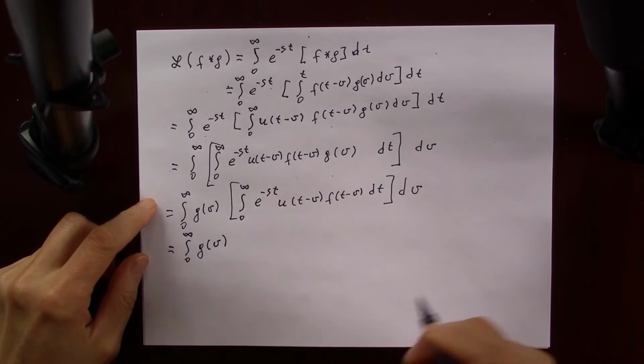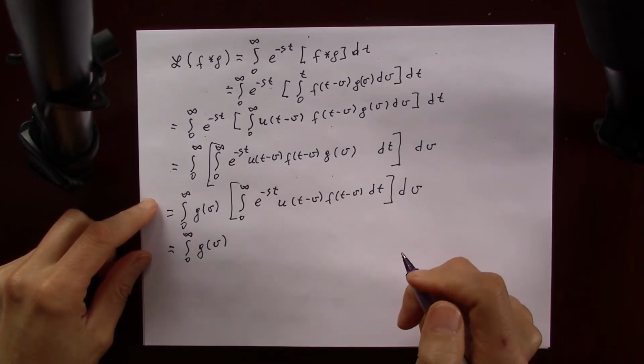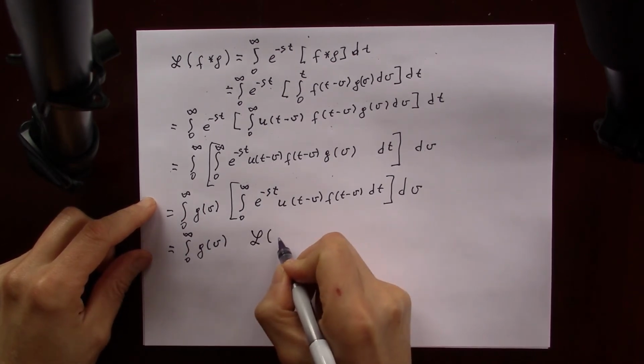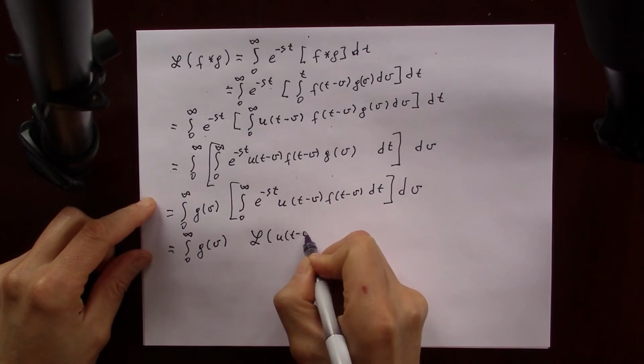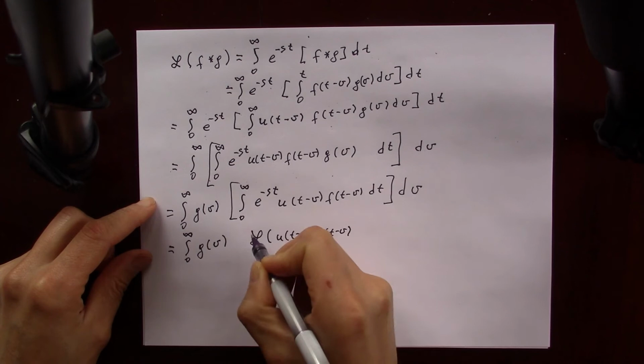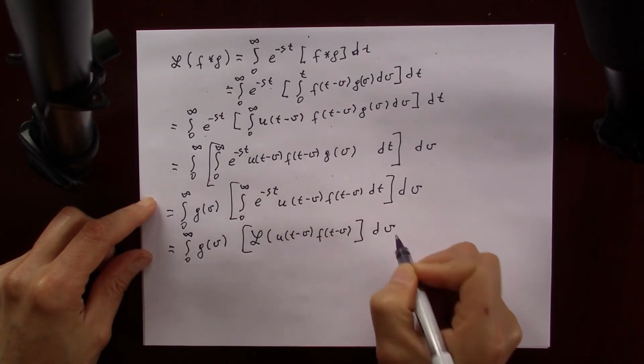Be careful, look what is written here in square brackets. That is Laplace transform of u of t minus v f of t minus v dv.